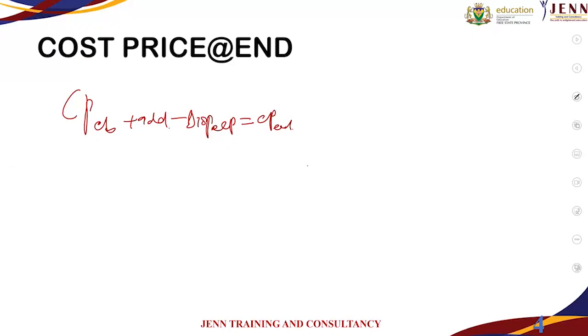Let me assume that we had two vehicles at the beginning of the year worth 80,000. These are our vehicles at the beginning of the year. Sometime in June, we decided to buy another vehicle worth about 10,000. Now how much are we having? We are having 80 plus 10, which is 90. That is the cost price of the vehicles.